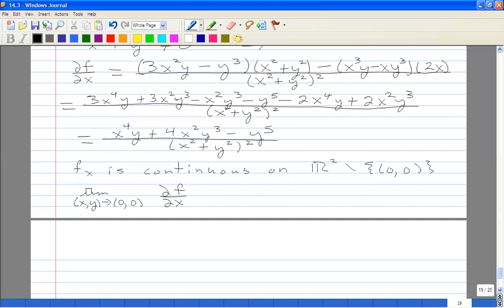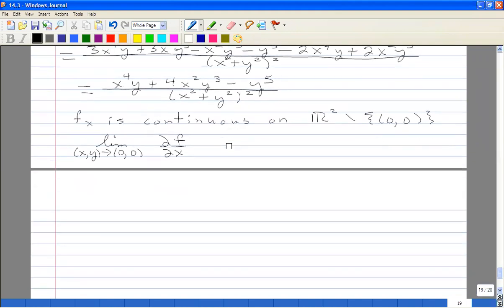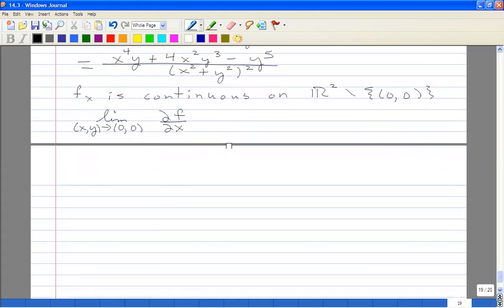And let's see what happens. I want to show that that's nice, and well, that's just going to equal the same as plugging in (0, 0), which would be 0. Okay, so let's show that this is nice and continuous at the origin.